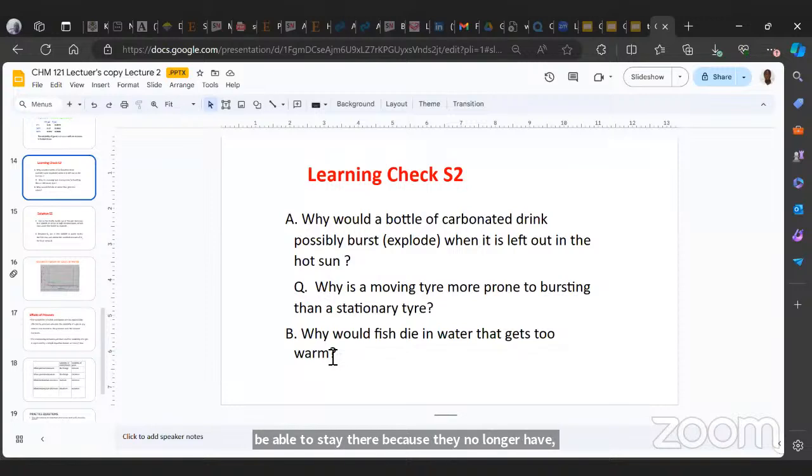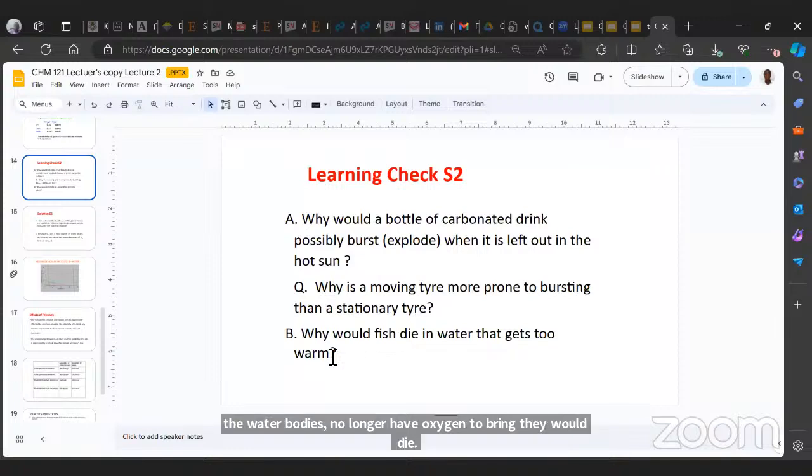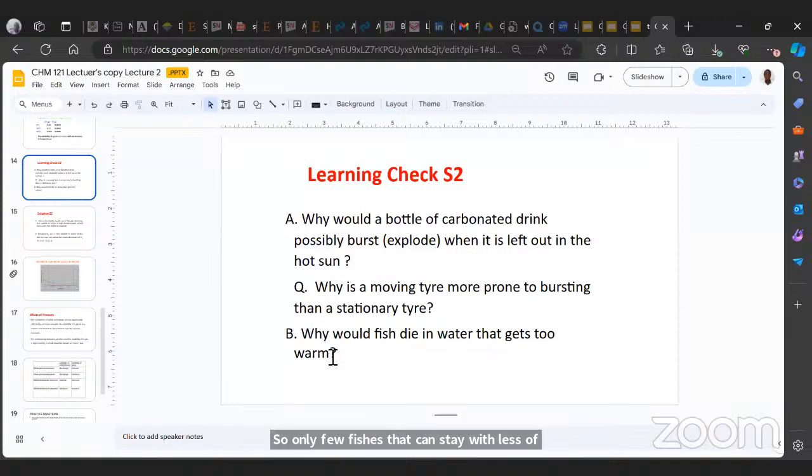So only few fishes that can live with less oxygen will survive. So in a river where they have 10 different types of fishes, maybe you only have the three that can survive hard conditions. And so with time, there'll be less food, because that fish has a smaller fish it eats, that eats the smaller fish, that eats the tiny worms, that eats the grasses and fungi in the water.